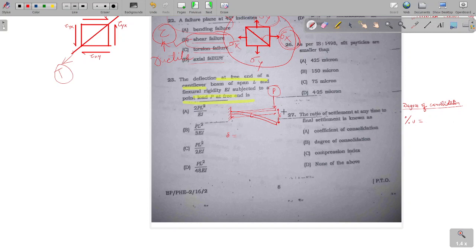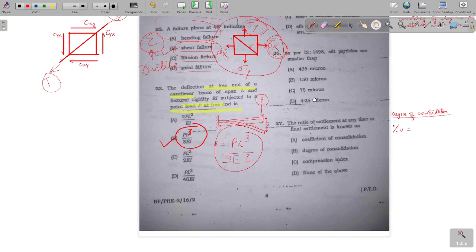Suppose this deflection is delta, so delta is equal to PL cube upon 3EI. We see there is no such option. There is some misprinting maybe. So the correction should be PL cube, and the answer must be B after this correction. Okay, so coming on to our next question.